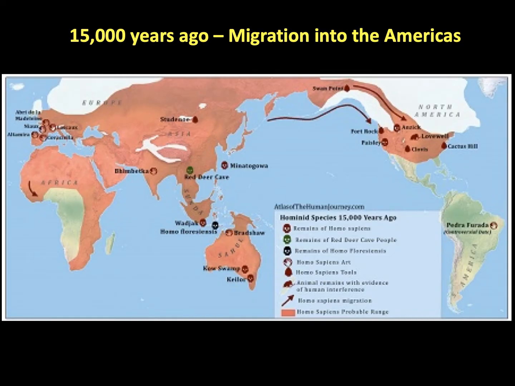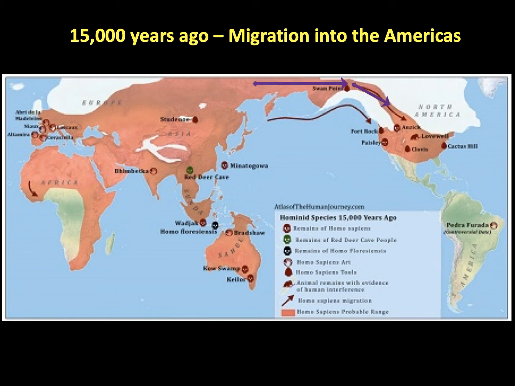Then, around 15,000 years ago, Homo sapiens finally migrated into the Americas, first into North America and then a little later into South America. And it seems to have been one migration across the land bridge during a time of glaciation when the sea level dropped. And there are two hypotheses and maybe two routes.